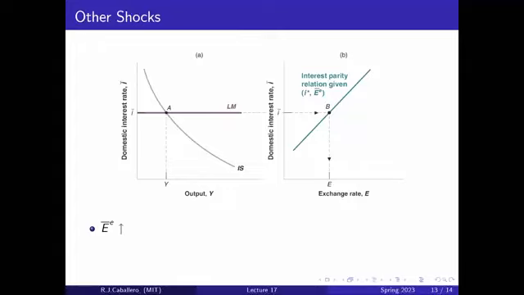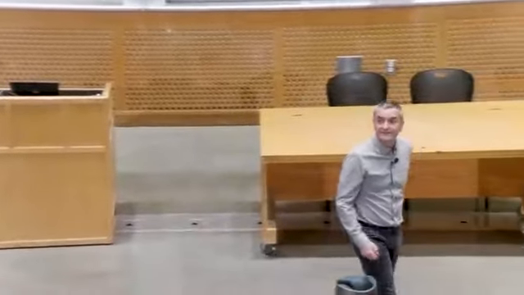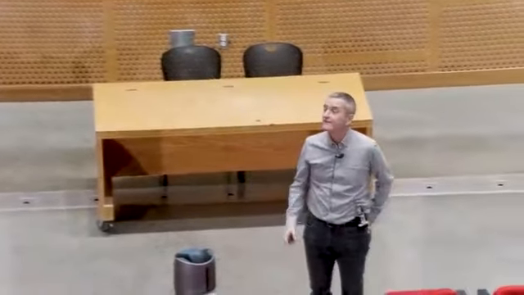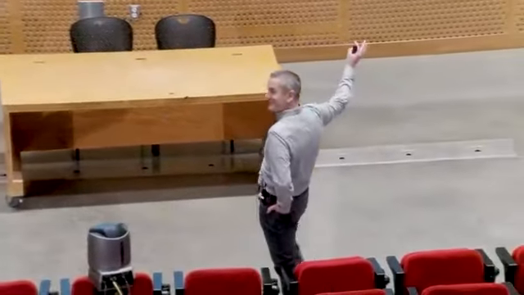What about the UIP condition? Will it move or not? We have taken that as a parameter. Remember, I gave you a clue because I said we are taking these two as parameters here. So if I move a parameter, most likely I will move the curve. But in which direction will it move? To the right.